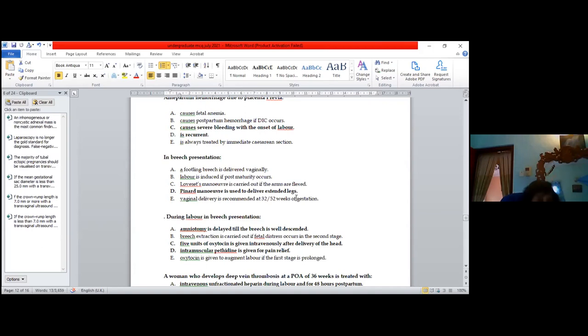So because of this dangerous condition, footling breech is never delivered vaginally. A footling breech can be diagnosed only after onset of labor, after about 4-5 centimeter dilatation.